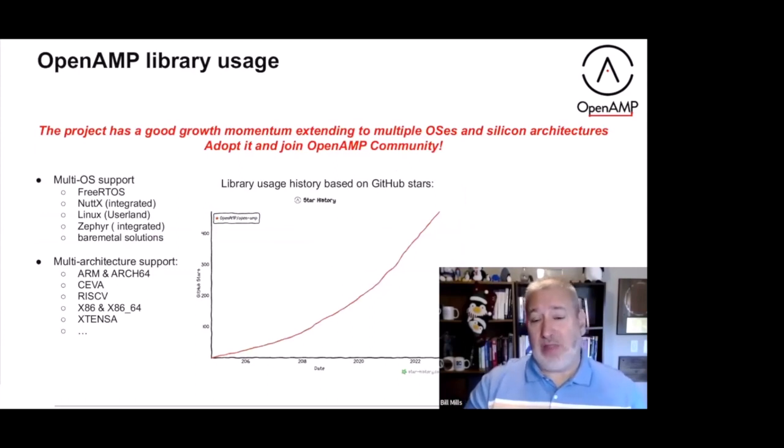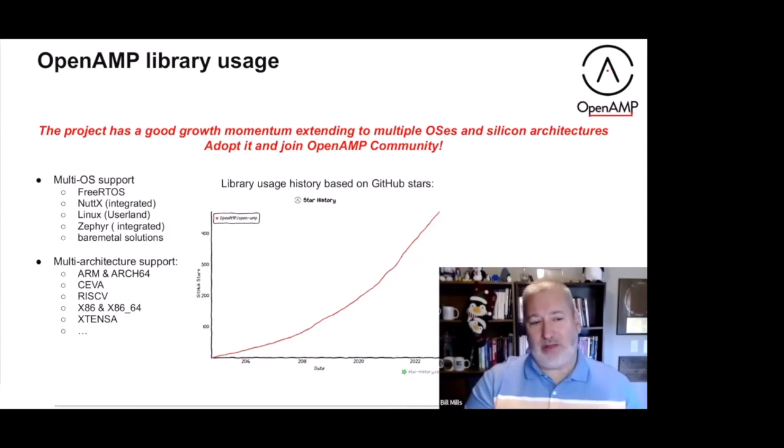And then from an adoption point of view, I don't know about you guys, but I'm pretty stingy with my stars on GitHub. The number of stars that the OpenAMP library has gotten over the years is on this graph, and you can see that the adoption looks pretty good.